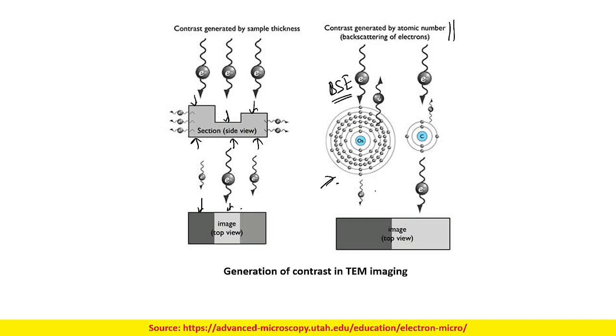Due to that reason there will be a very small number of electrons reaching the detector, and hence it would be darker. So higher atomic number systems would appear darker compared to the lighter atoms. Okay.